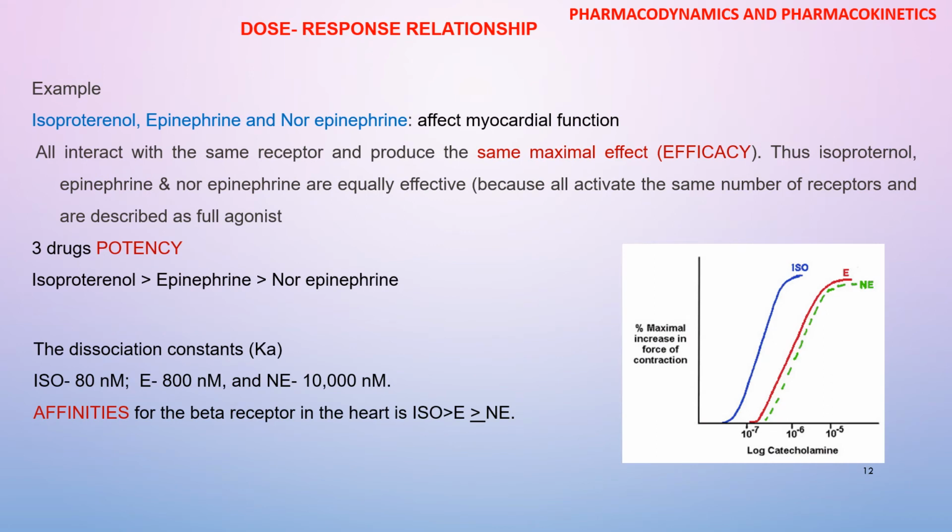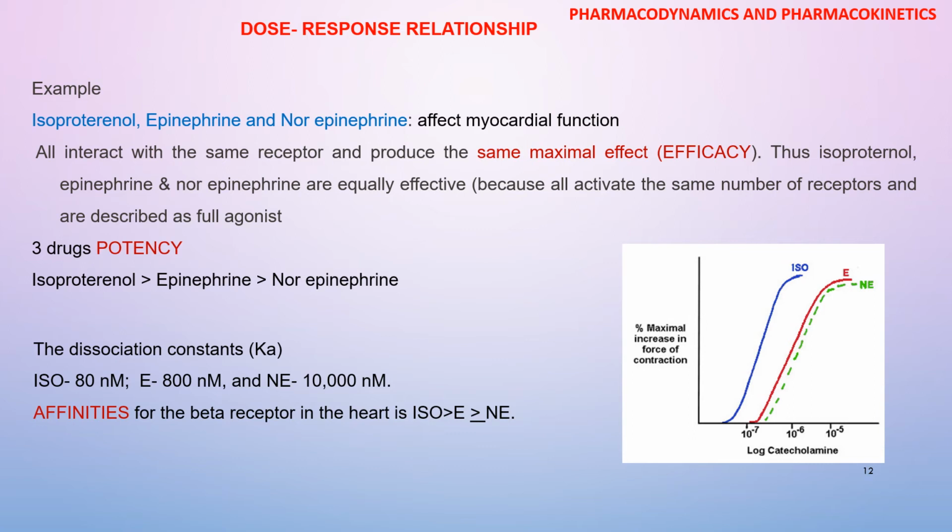An example, three drugs, isoproterenol, epinephrine, and norepinephrine, are the drugs that affect the myocardial function. They increase the heart contractions. All the three drugs have the same efficacy. All the three drugs bind to the beta receptors in the heart and their affinity is of the order ISO is greater than E and NE.